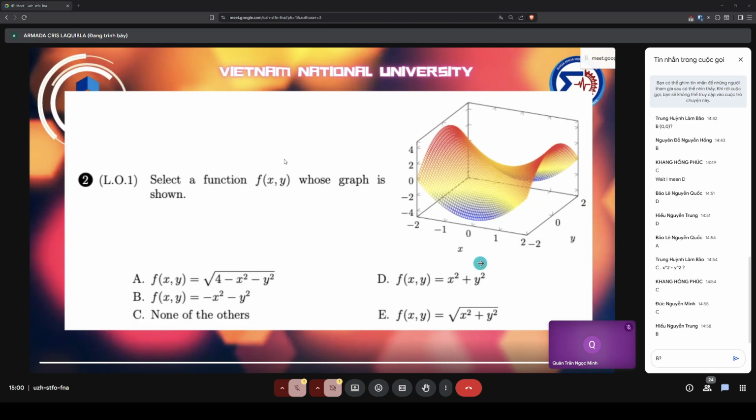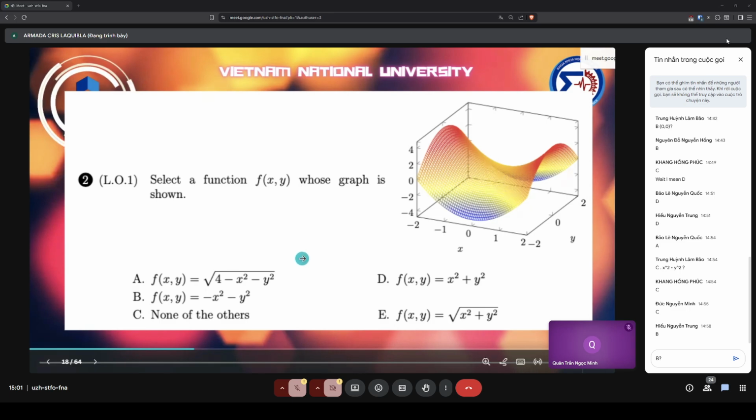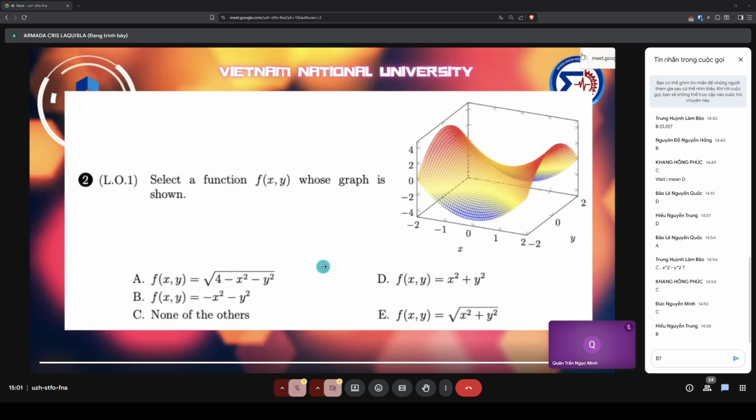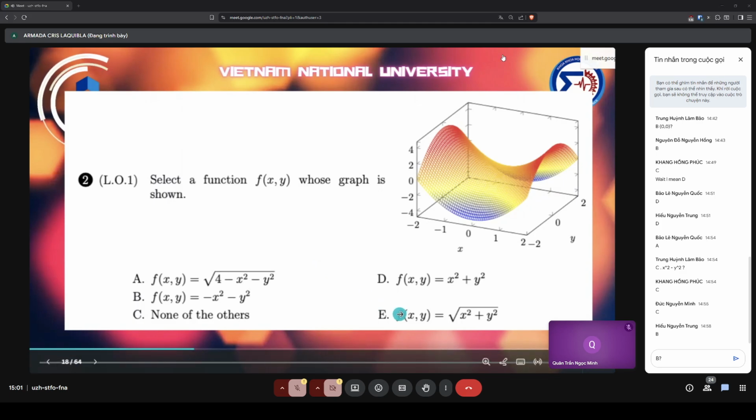So your z is negative 4, your x is 0, and your y is negative 2. Substituting in f(x,y) equals x squared minus y squared, your x is 0, squared is 0, minus negative 2 squared, which is 4. So minus 4, yes, correct. So x squared minus y squared is the correct form of the function here.